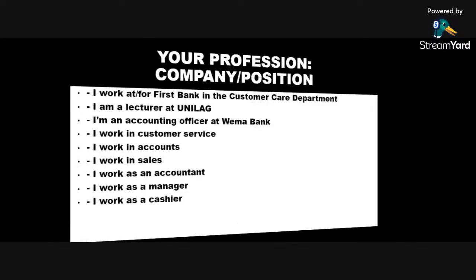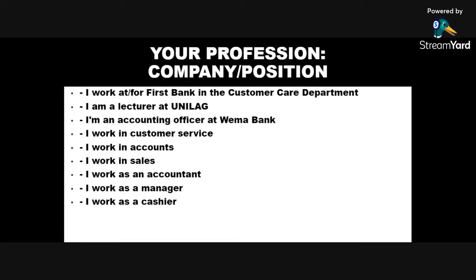Now, let's look at how you can talk about your profession, about your company, your position. Again, all these pieces of information really depend on the situation. All right. So you can simply say, I work at First Bank, for example, in the customer care department, or I work for.